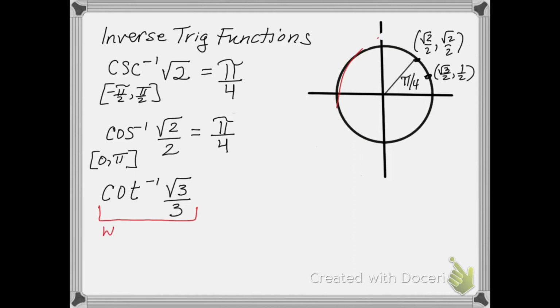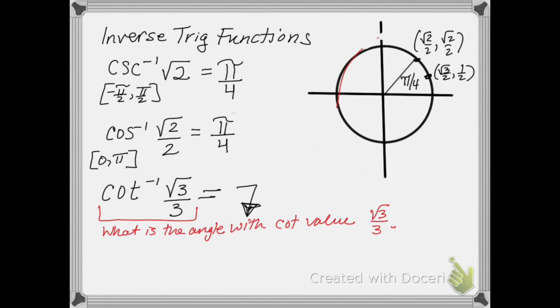I'm going to answer, what is the angle with cotangent value rad 3 over 3? That is what this equals. This is equal to whatever the answer to this question is. Okay, that's what this notation means.